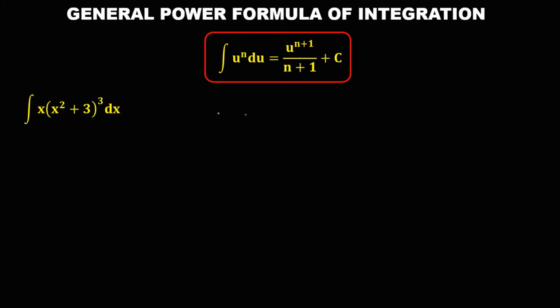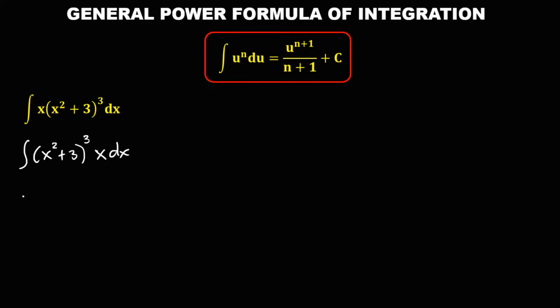Then for this given, again using the u substitution, but first we can rewrite this given as the integral of x to the power 2 plus 3, quantity to the power 3, then x dx.